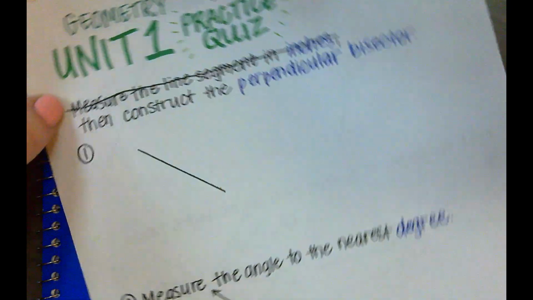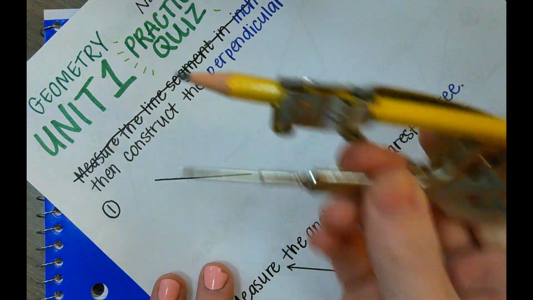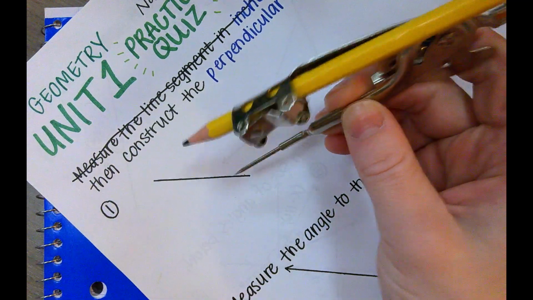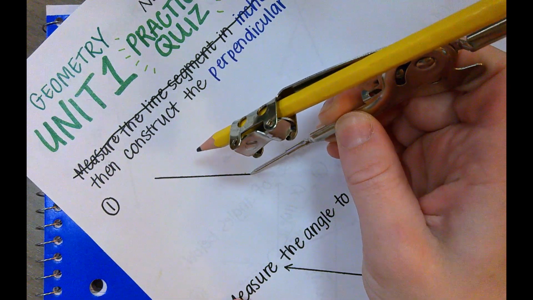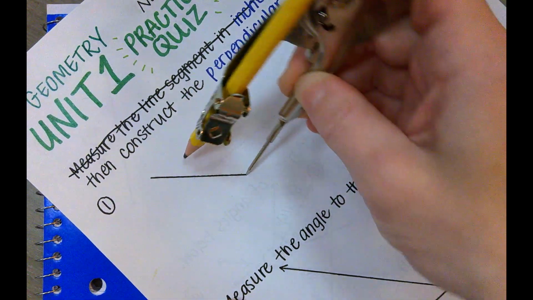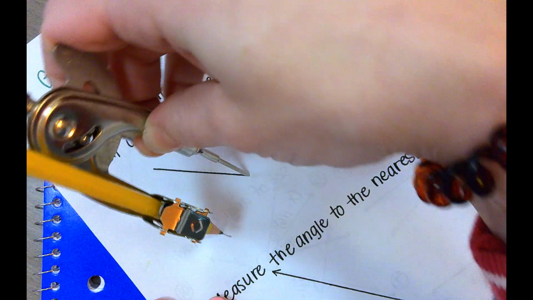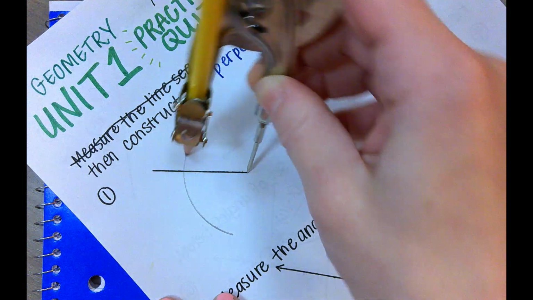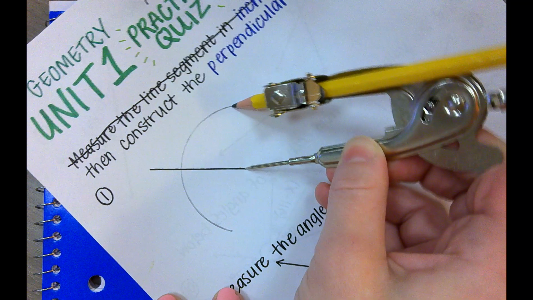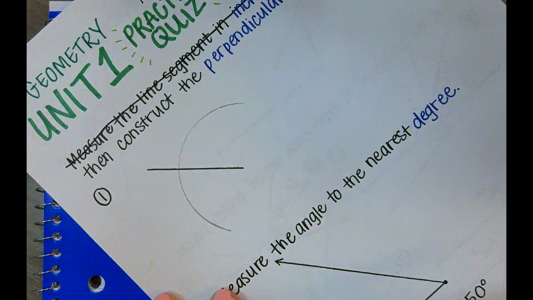I'm going to turn my paper to the side just because I think I have an easier time when my line is flat. Put my point on the end, and we want to create an arc that goes under the line and over the line. Big half circle.